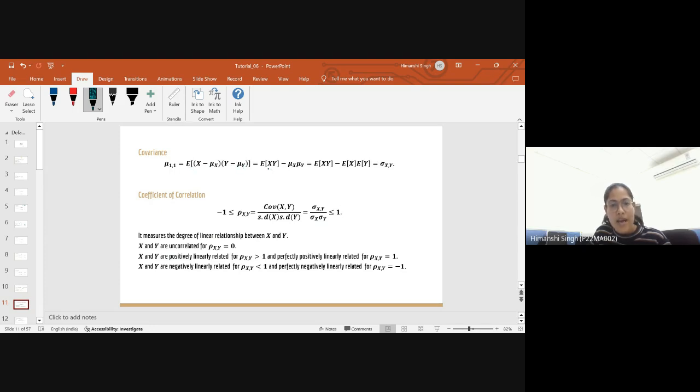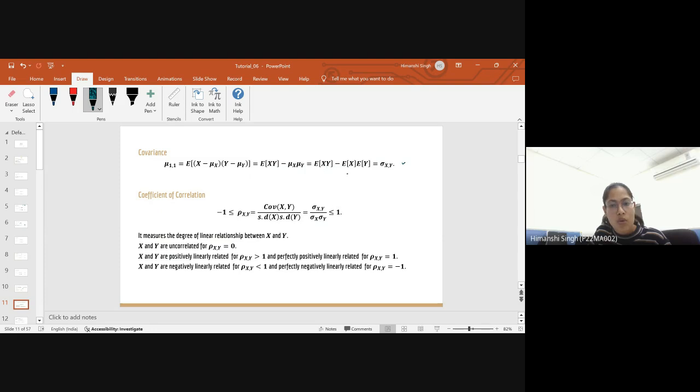If I expand it, I get the expected value of xy minus mu x into mu y, which is nothing but the expected value of xy minus the expected value of x times the expected value of y. We denote this by sigma xy, and we call it the covariance between the two random variables x and y.